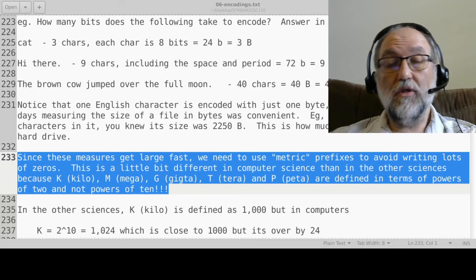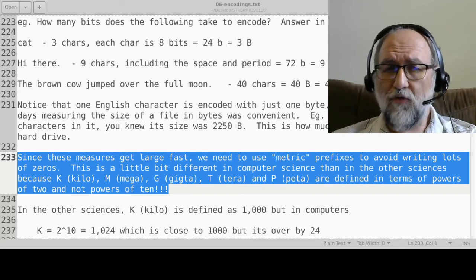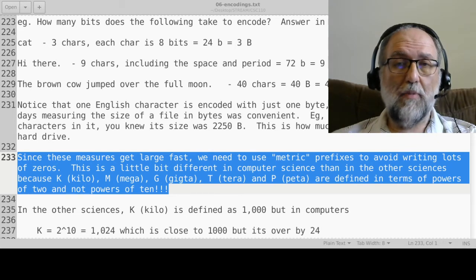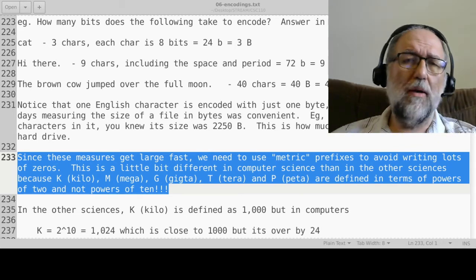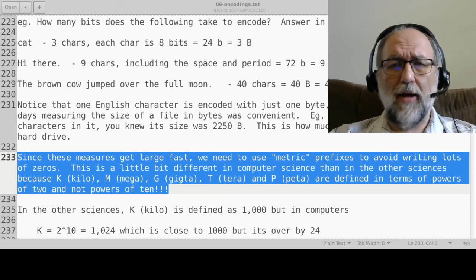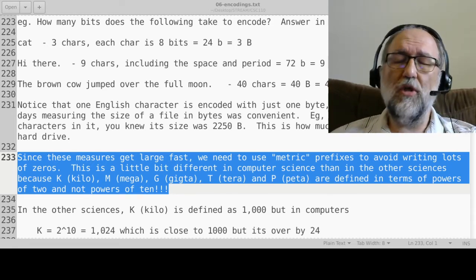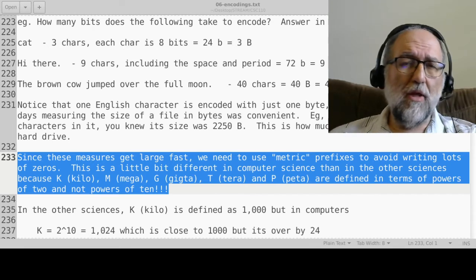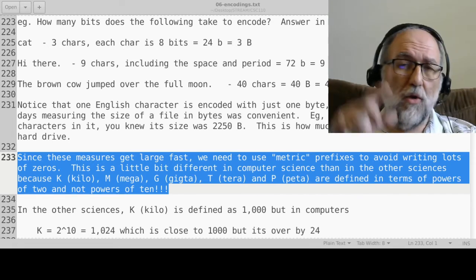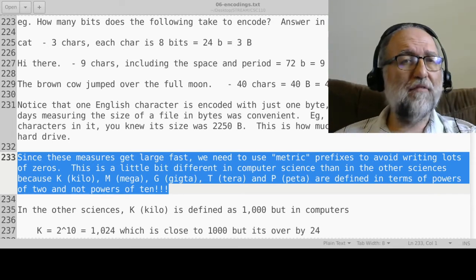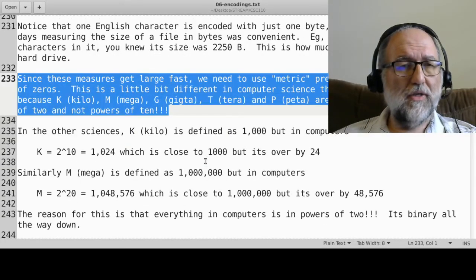In other words, there's a metric prefix that you can put in front of the bytes, because if we're going to say 1,000,000 bytes, you can say 1,000,000 bytes, but no one ever says that, especially if the numbers get big, billion bytes, trillion bytes, and so on. Instead, if you have 1,000,000 bytes, you just say megabyte, and you write it as capital MB. So you're going to have to know these metric prefixes also.